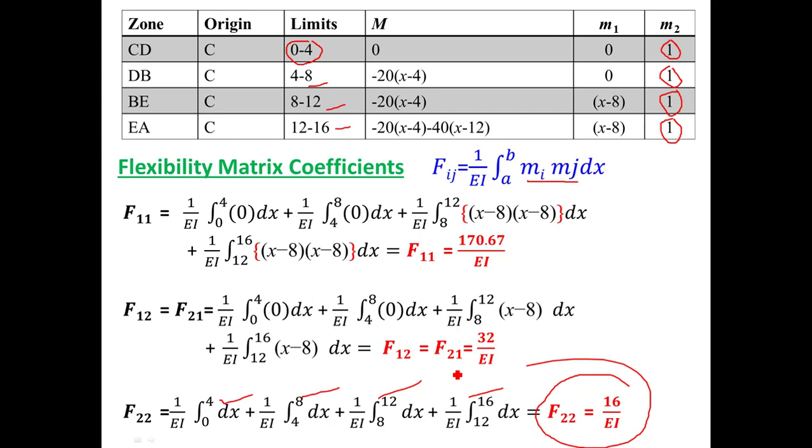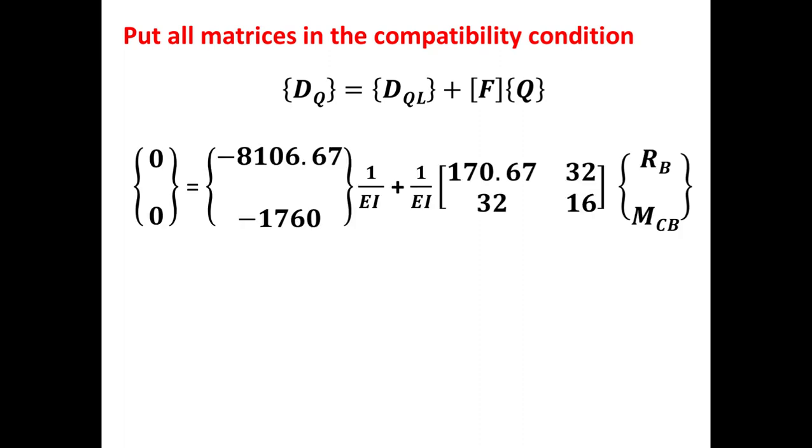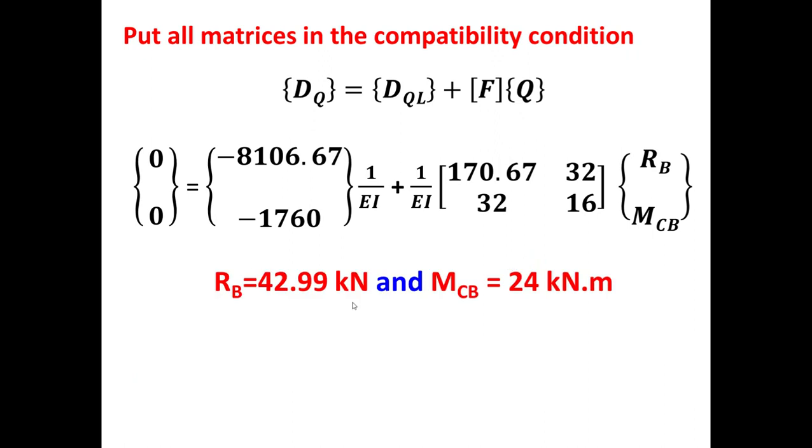Now all the vectors required for the compatibility condition are over. Now if you substitute all these matrices in the compatibility condition, dq is equal to dql plus f into q. Okay, so this is a set of algebraic equations in matrix form. If you solve these two equations with two unknowns in your calculator, you will get the answers for RB and MCB.